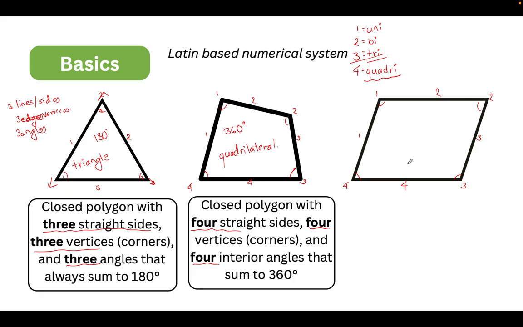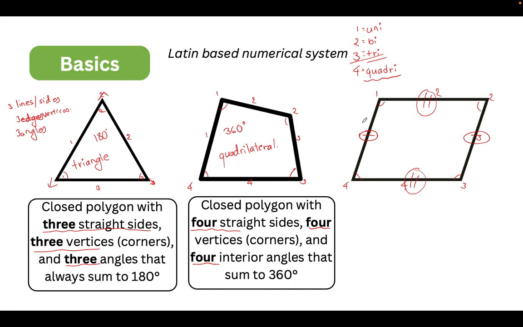This should also be a quadrilateral, but a quadrilateral which has equal opposite sides. So this side and this side are equal, which is denoted by this single line, and this double line means that these two sides are equal.